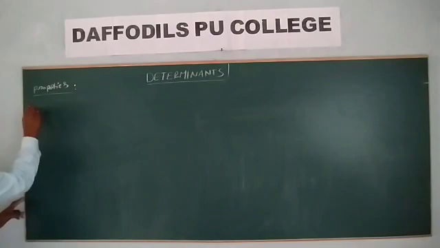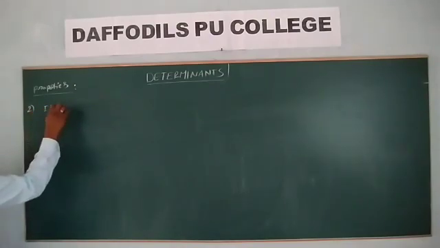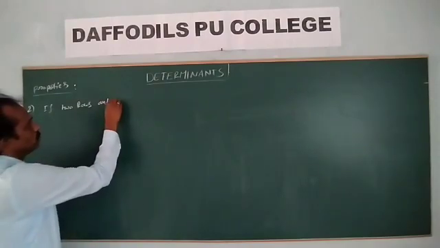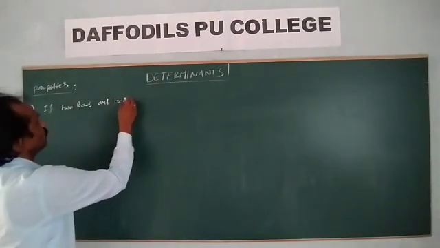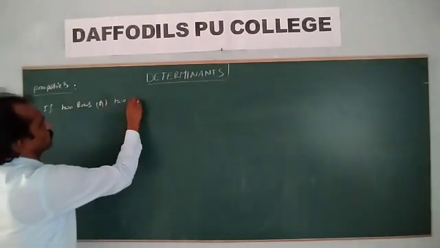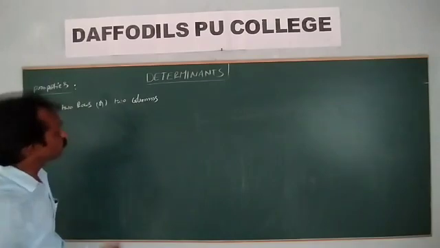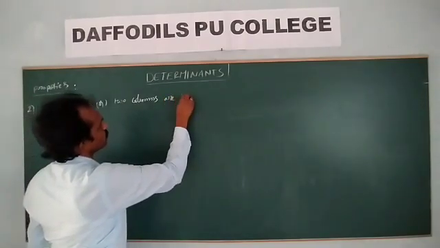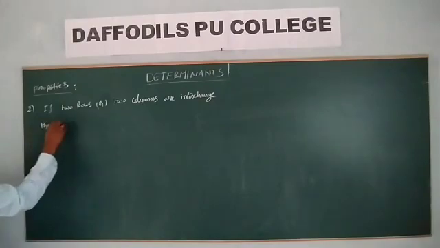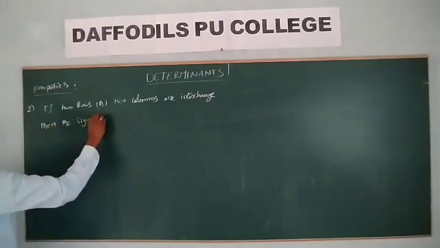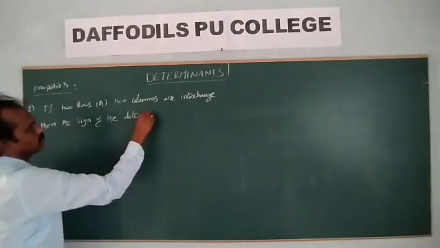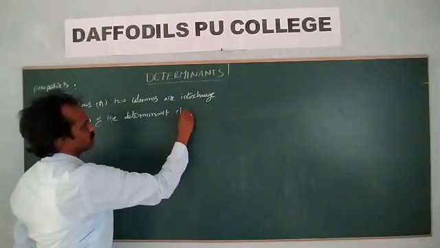Second property. If two rows or two columns are interchanged, then the sign of the determinant changes.